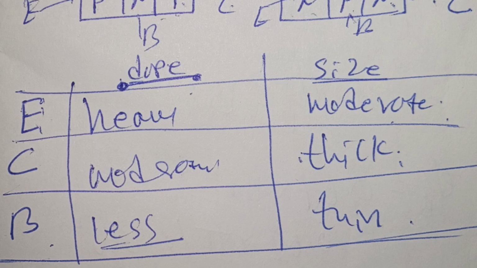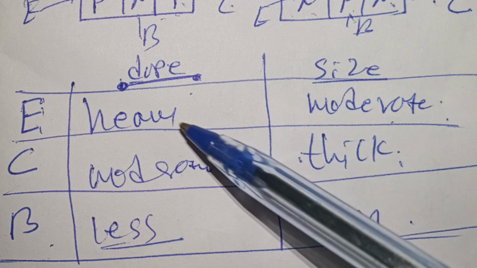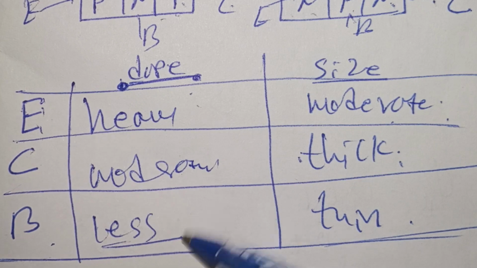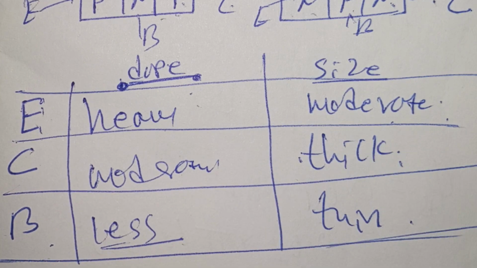So the alternatives: alternative A says the emitter region is heavily doped as compared with the base and collector. So the emitter is heavily doped when compared to the collector and the base. It is true. B says the collector region is heavily doped compared to the emitter and the base.